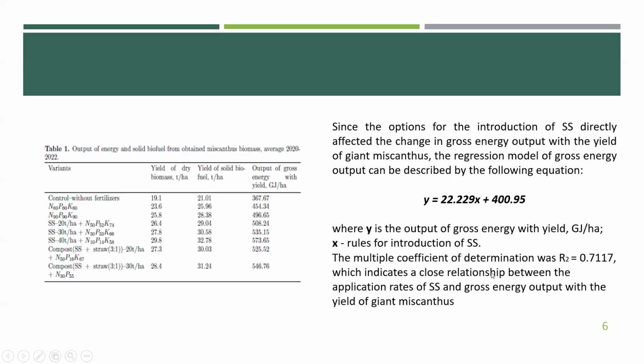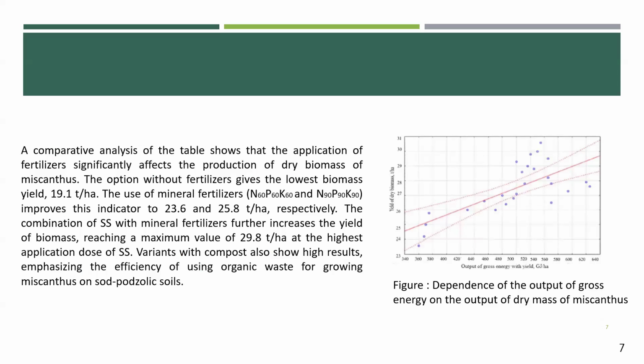So from this we have a comparative analysis of the tables, and it shows that the application of fertilizers significantly affects the production of dry biomass of miscanthus.